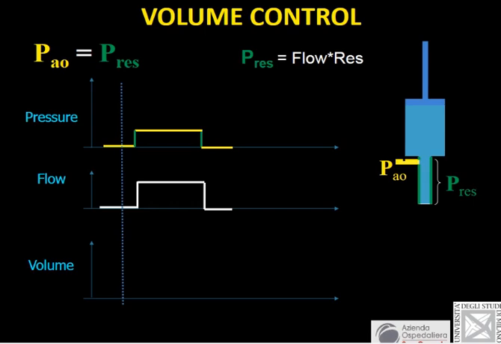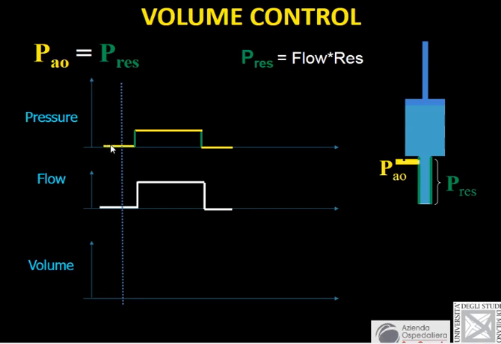Imagine we now have only resistance. Imagine we have the Y of the ventilator and we just connected an endotracheal tube, and then open to atmosphere. What will we see on the ventilator screen? We will see something like this.